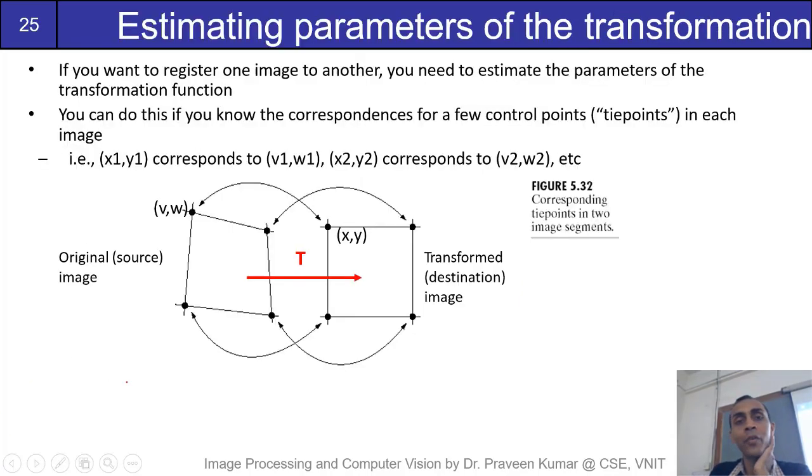To do that, we'll have to at least identify some pairs of corresponding points, which are called control points or tie points. For example, this is our original image and this is the destination image, or the transformed image, that we want. We would like to have at least 3 or 4 pairs of points which map to the same location.